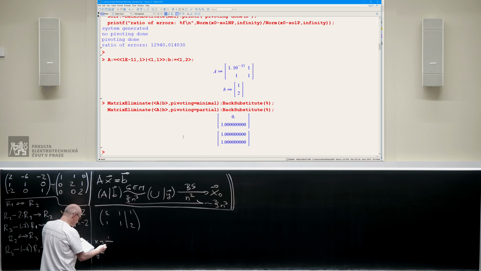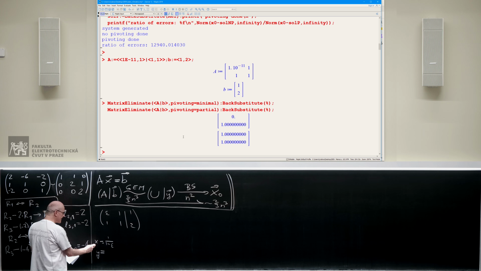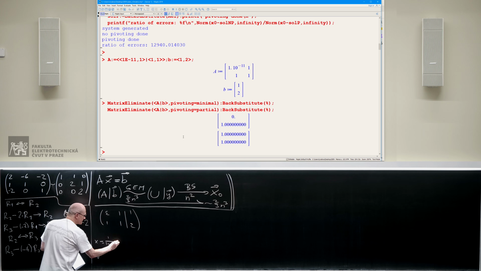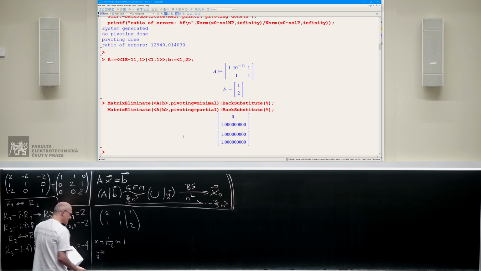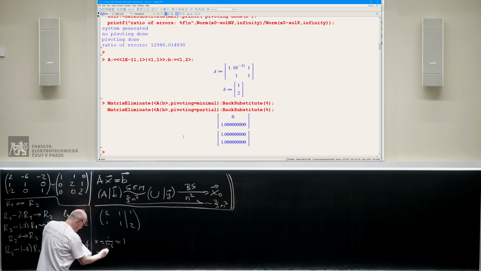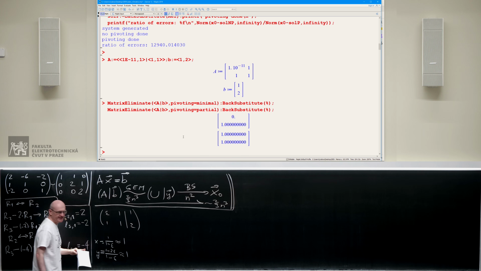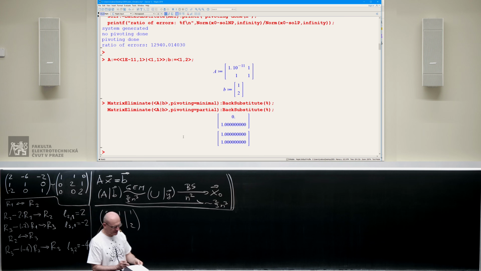So let me copy it from my notes. So x is 1 over 1 minus epsilon, which is essentially 1, because epsilon is really tiny. And y is (1 minus 2 epsilon) divided by (1 minus epsilon). And again, epsilon is very tiny, so this is essentially 1. Okay? So the solution is almost 1, 1.